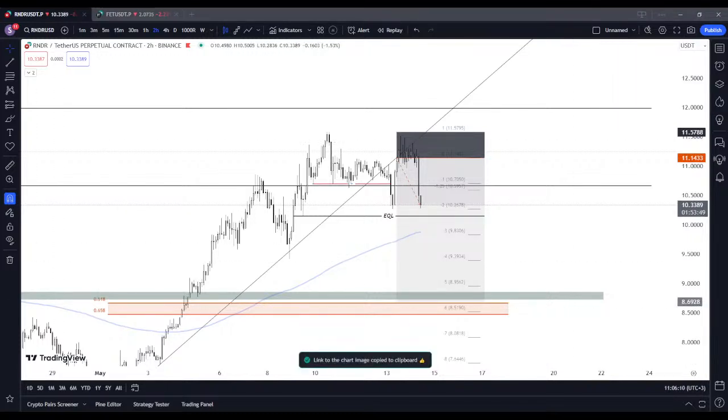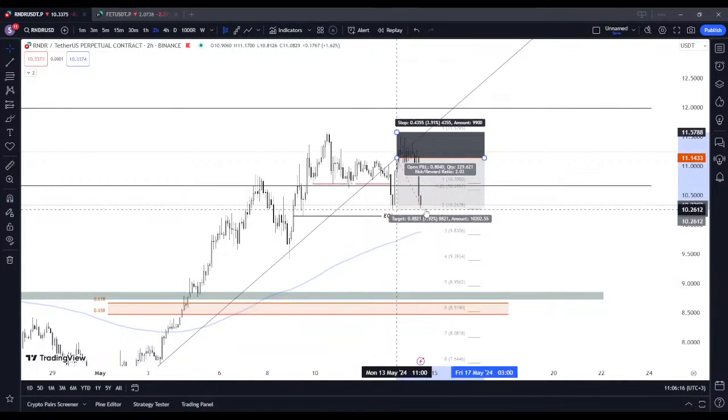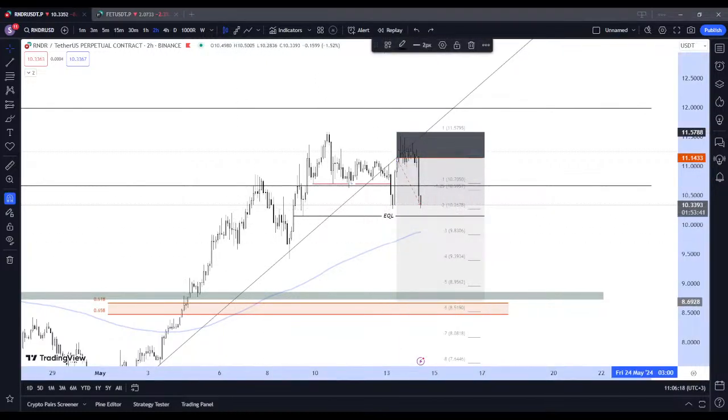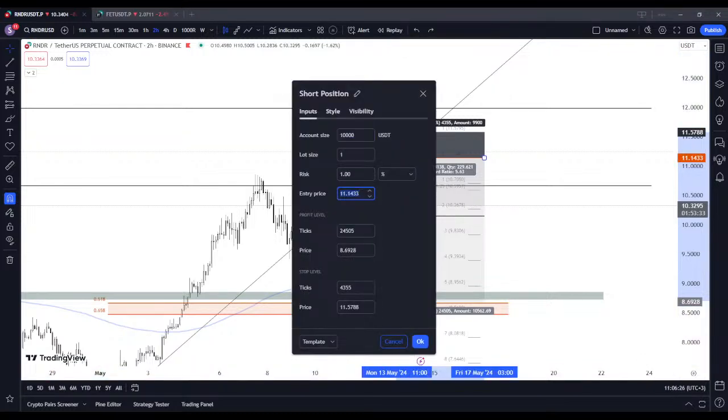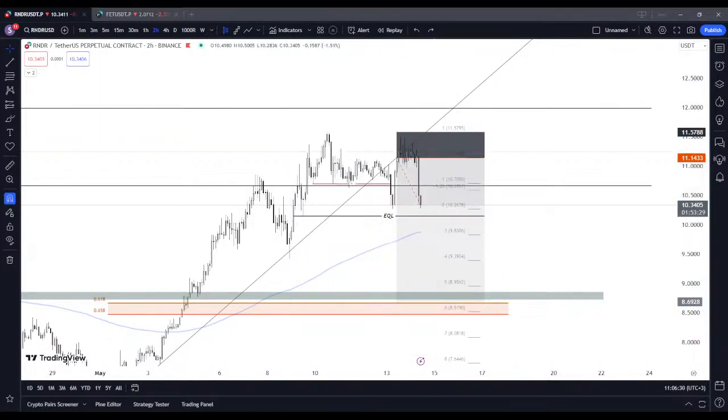I need to journal this trade. 1 second. Well, for journaling purposes, I will close it at 2R. You guys can trail it way more than that, and this is what I'm advising you to do.